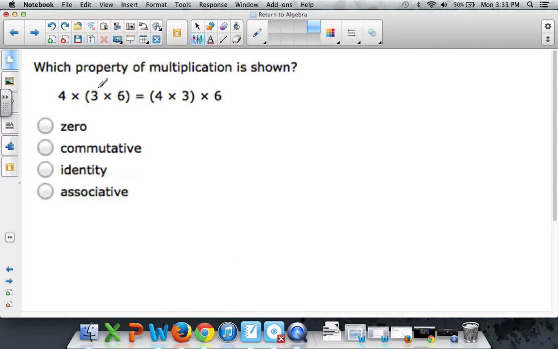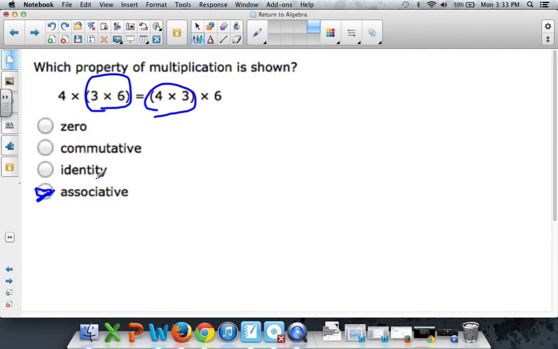And when you put in parentheses to group things, like, I'm going to put together this 3 and 6, and I'm going to put together this 4 and 3, that's known as the associative property. It's not commutative. It's not identity or zero. Those are different. It's associative.